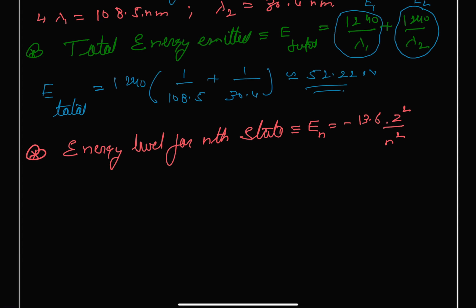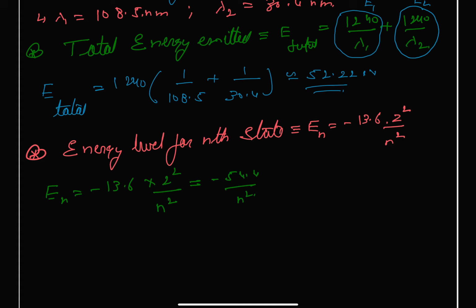Therefore we can write that our E of n is equal to minus 13.6 multiplied by 2 square divided by n square. This will be coming as minus 54.4 divided by n square.